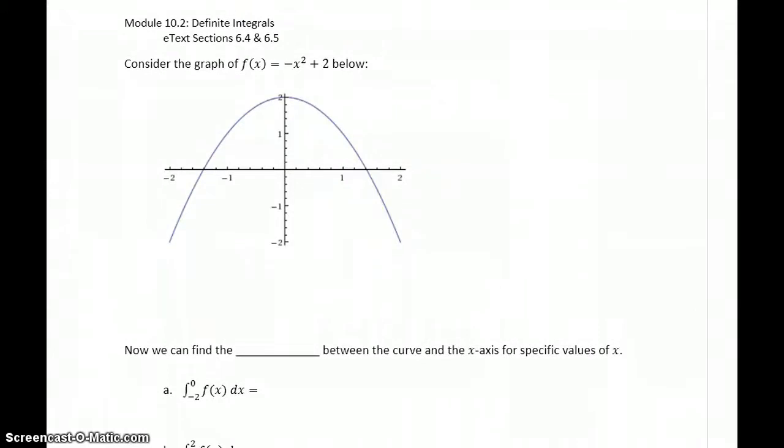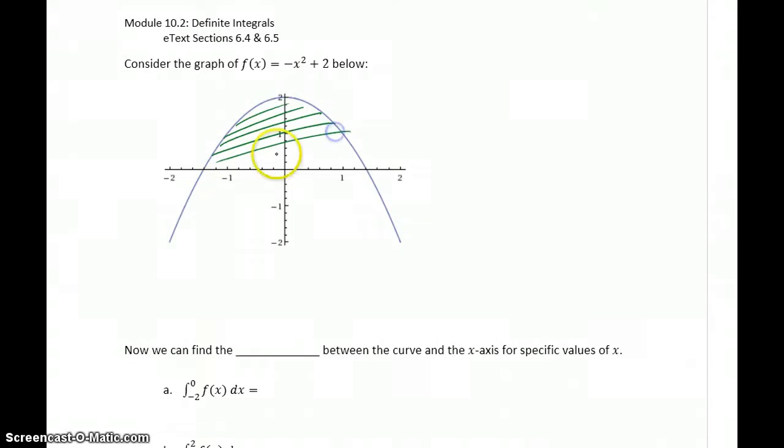So let's take a look at this with regards to the function below, in this case the graph of negative x squared plus 2. We could look at breaking this up into regions where we have positive areas and negative areas. So for instance, we have a positive area as long as we're considering values of x from negative 1.5 to 1.5.